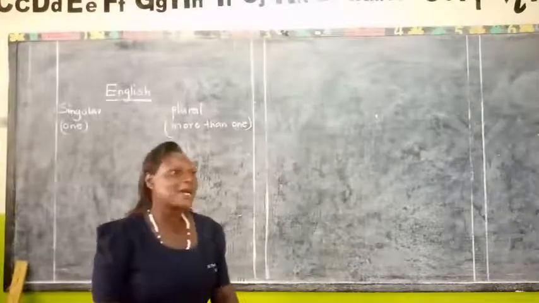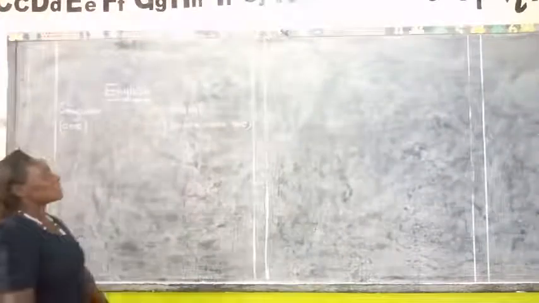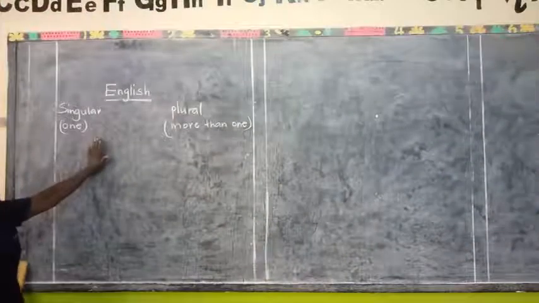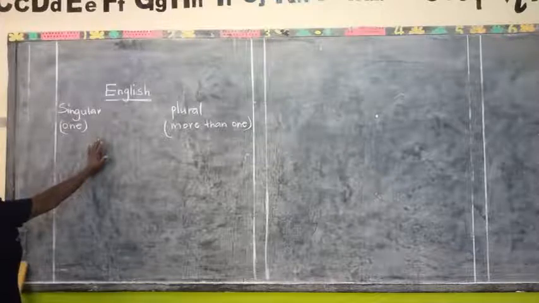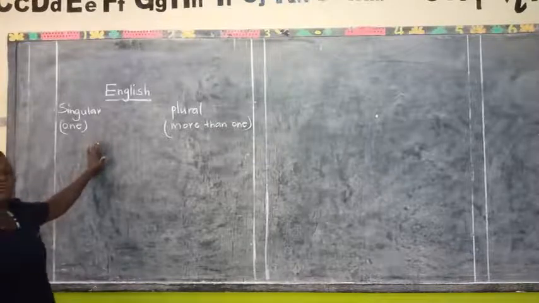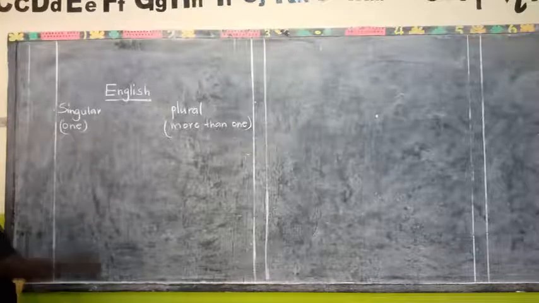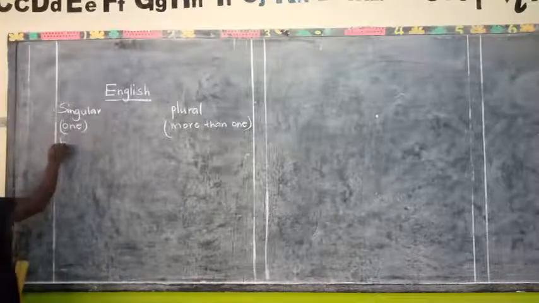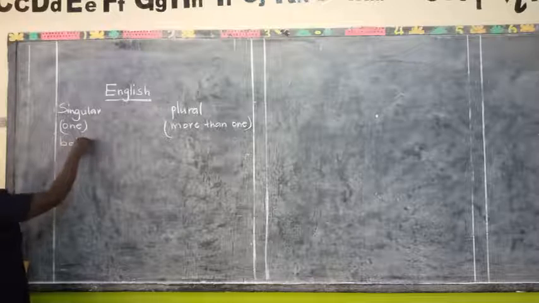Now, let us look at those which end with letter Y and take IES when changed into plural form. We looked at this noun here, baby.